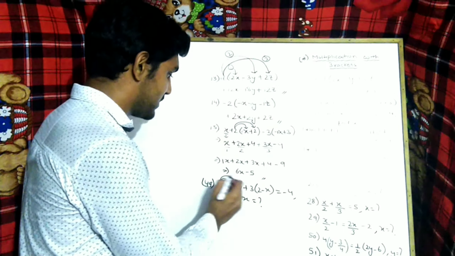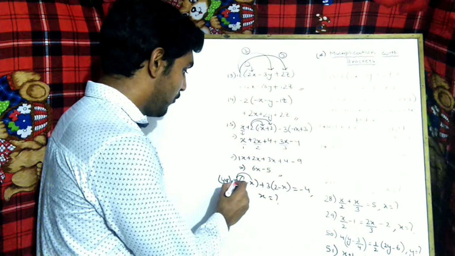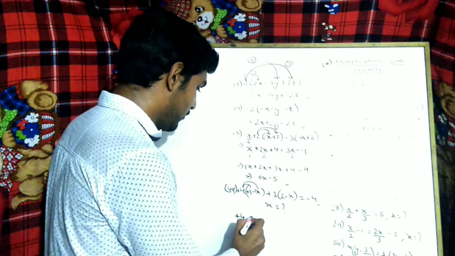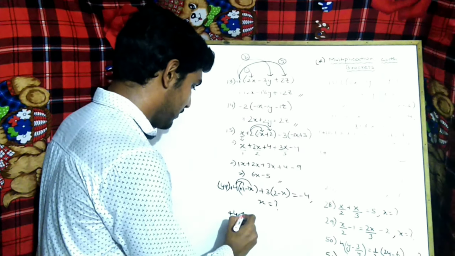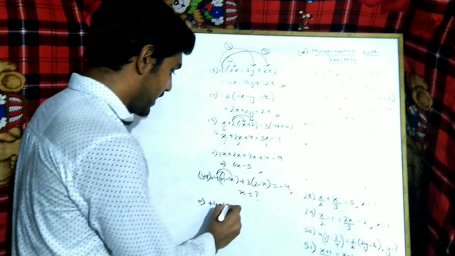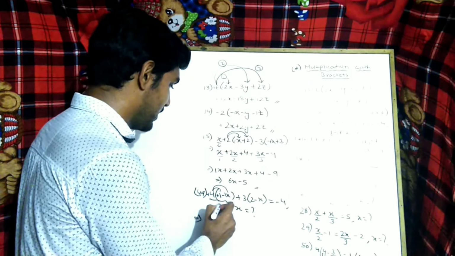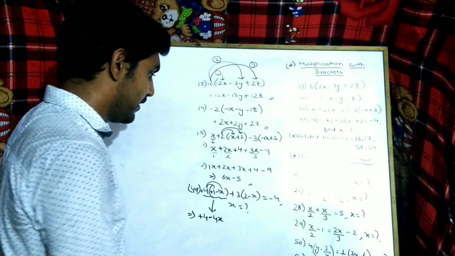Plus plus will be plus. Now 4 into 1, because nothing is there, can I say this is 1? So 4 into 1, 4. Plus minus will be minus, and it comes x. Now this one is completed. Now I will come to here.